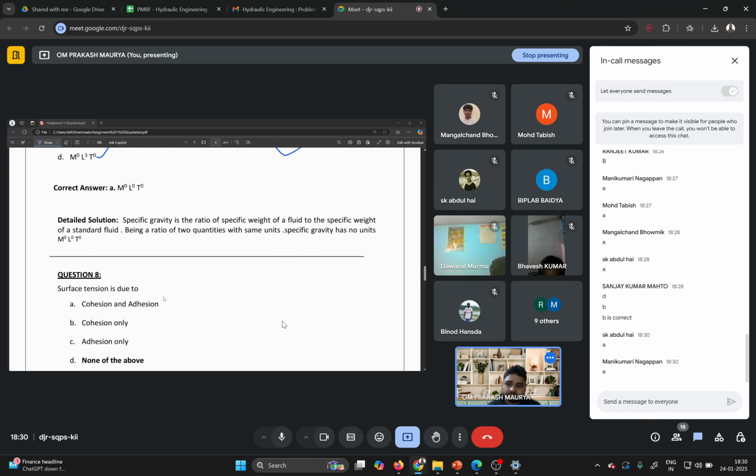Two students are telling option A. Amit is telling option A. Most of the students are telling option A.